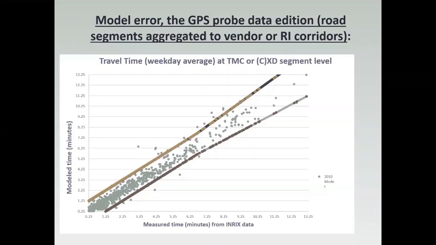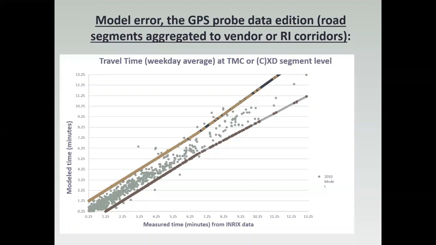Okay, and here is an example, this is the latest MPO model that I validated, and for travel times, I would aggregate up to roadway inventory or a vendor roadway segment, and I'll have a couple more slides on what those look like later.